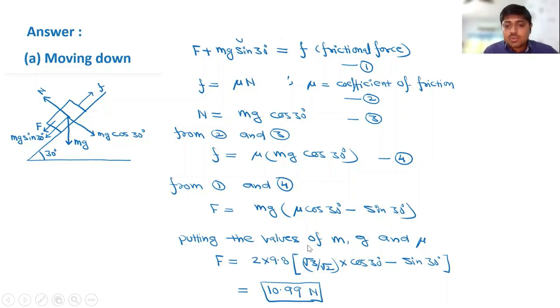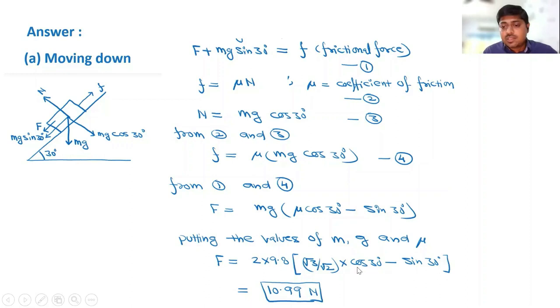Now putting the values of m, g, and mu that are already given, and the value of g we know is 9.8. So putting these values in this relation, we can calculate F as 2 into 9.8 into square root 3 by square root 2 into (cos 30 minus sin 30).